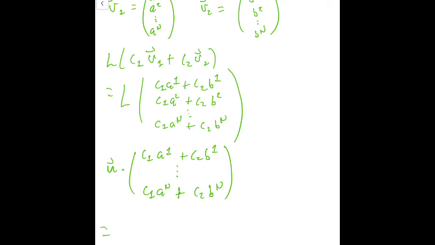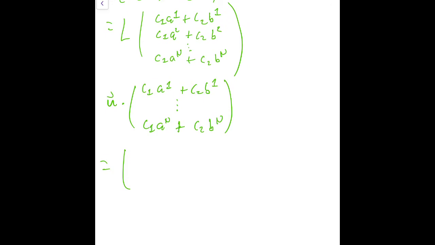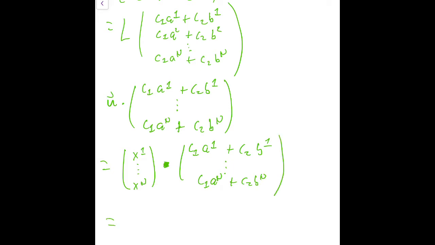Okay, what is this? Well, I'm just going to say U. What is U as a generic vector? I'm just going to represent it with the letters, let's say, x1 down through xn. So dotted with the vector C1 A1 plus C2 B1, and so on.